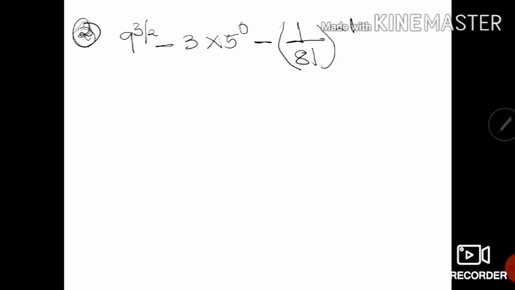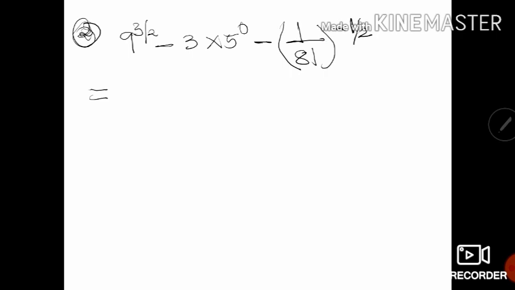Second problem, 9 to the power 3 on 2 minus 3 into 5 to the power 0 minus 1 over 81 whole to the power minus 1 by 2. In this problem there are three terms. Here 1 over 81 is raised to a negative power.